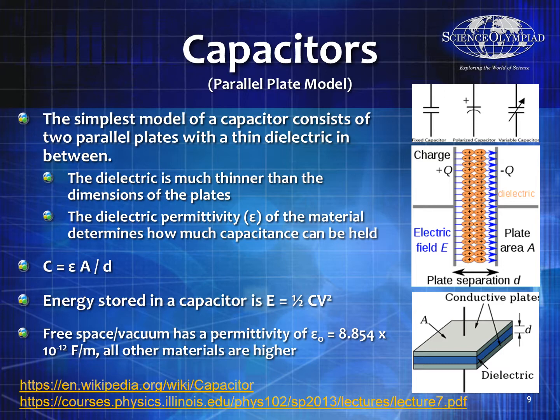The energy stored in the capacitor is equal to 1/2 CV squared. Keep in mind that the permittivity of air is about 8.854 times 10 to the minus 12 farads per meter.